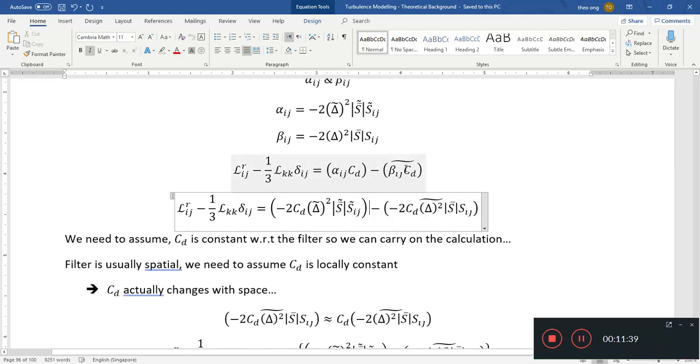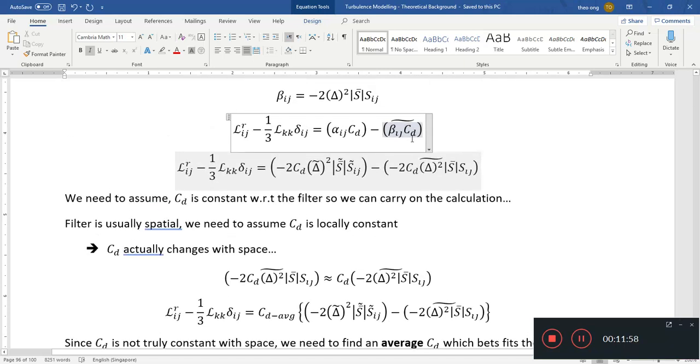Next step is to try and take this CD out. You want to factorize CD out so you can start to isolate it. So you want to bring this CD out here and this CD out here. To bring both of them out, we need to make an approximation.